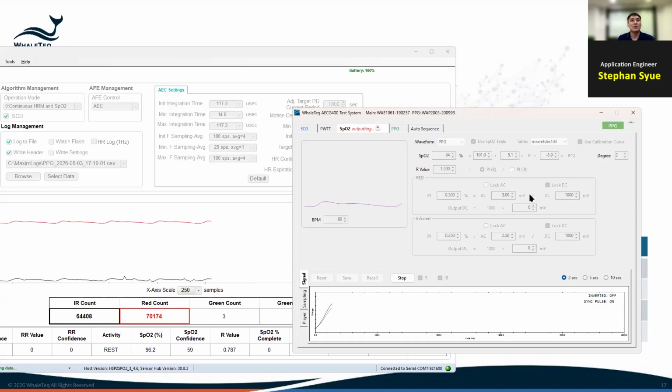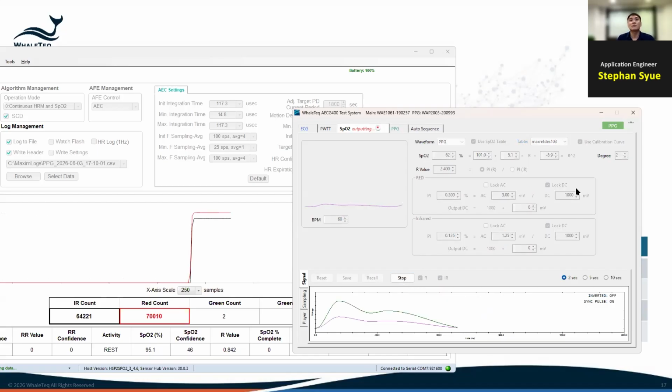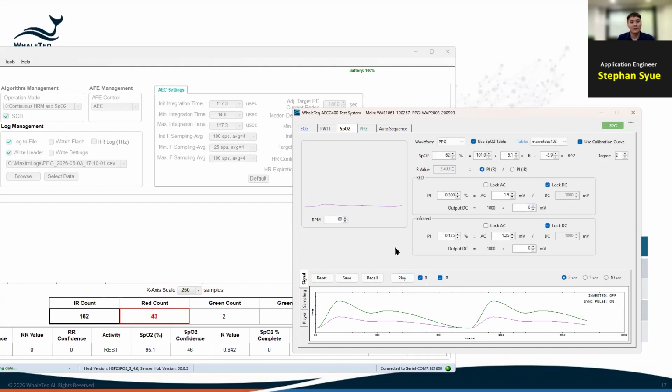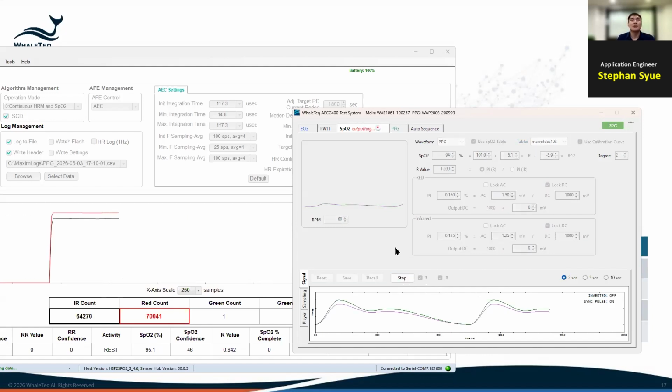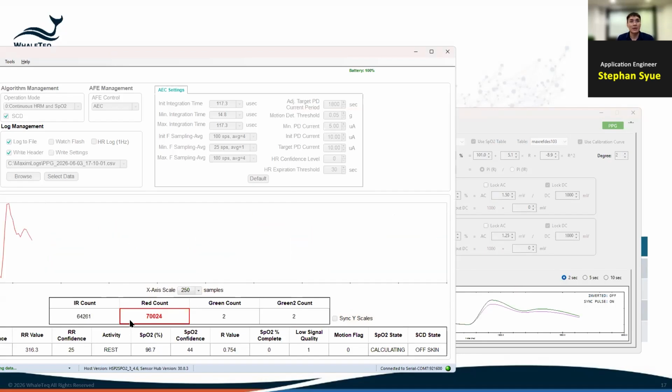All right, so it's a little bit off from the 95, and now we can investigate even more by tuning down. Oh yeah, I'm sorry, this should be 1.5. So now both red and infrared AC components get pretty small, but we can still see the pulsatile signals. We can zoom in on the red channel and zoom in on the infrared channel.